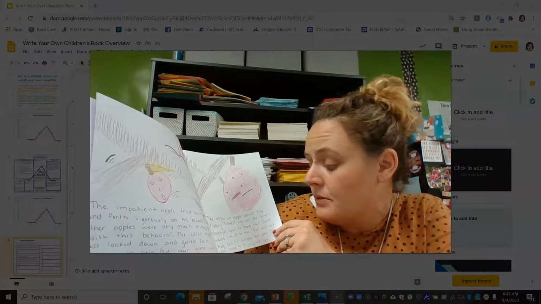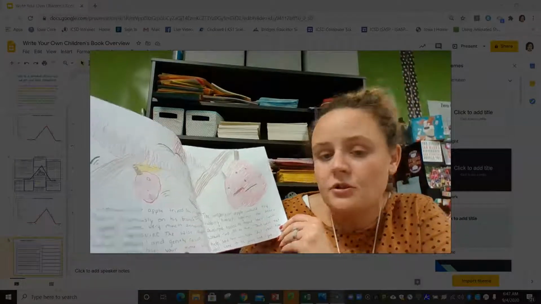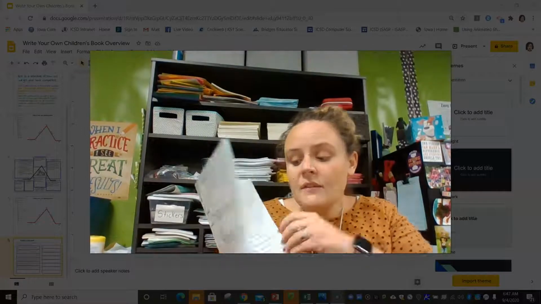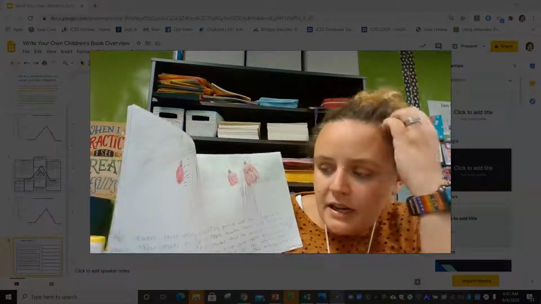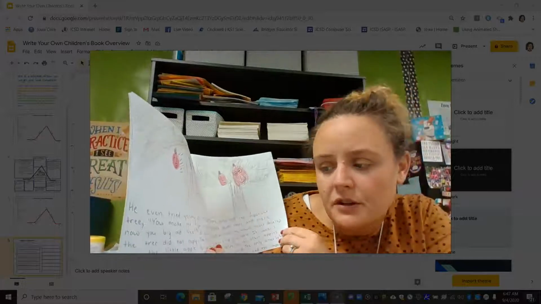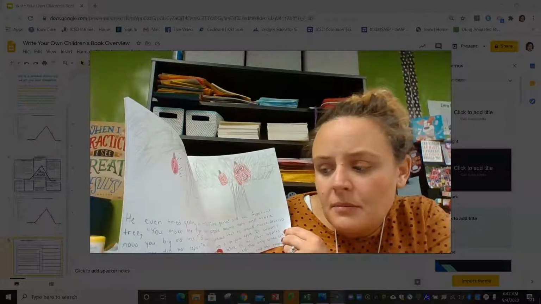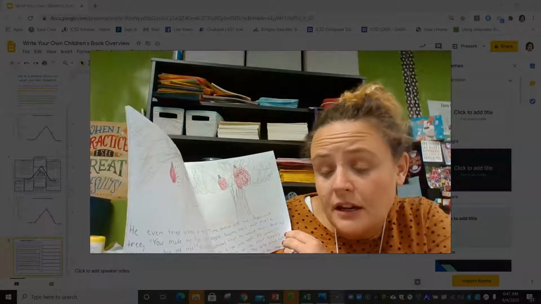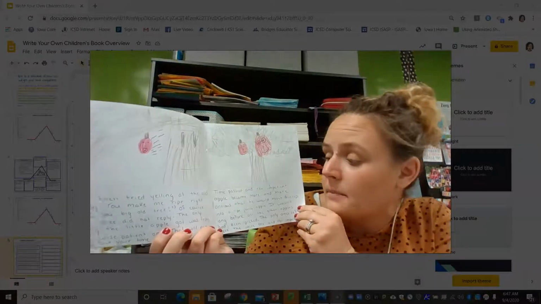"That will not help," said the wise apple, "but your time will come." He even tried yelling at the big old tree. "You make me ripe right now, you big old tree!" Of course, the tree did not reply. The only reply the little apple got was from the wise, patient one. "That will not help, but your time will come."